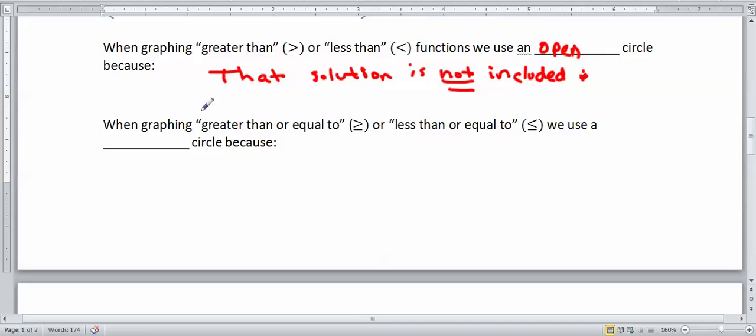When graphing a greater than or equal to, or less than or equal to, we use a closed circle, because that solution is included in my final answer. So remember this explanation. We're going to be asking that a lot throughout this semester. It means is included.